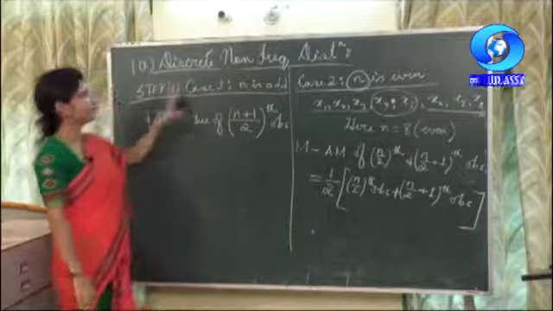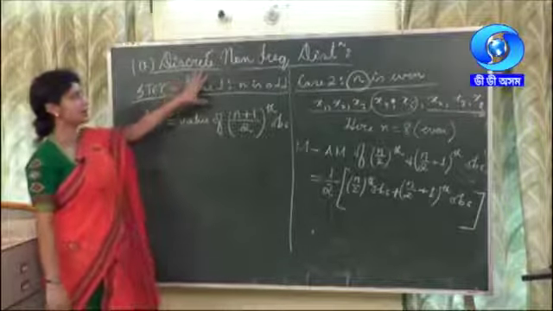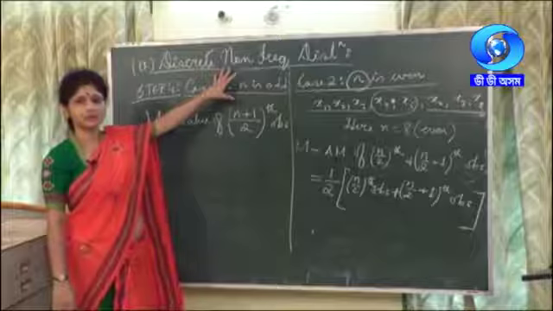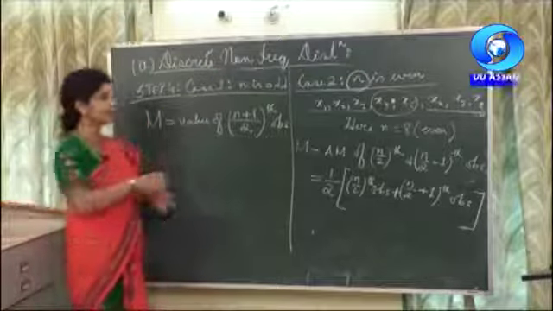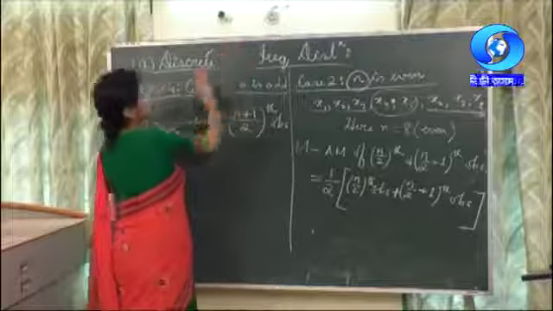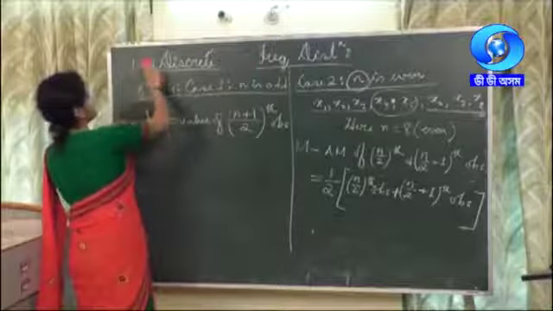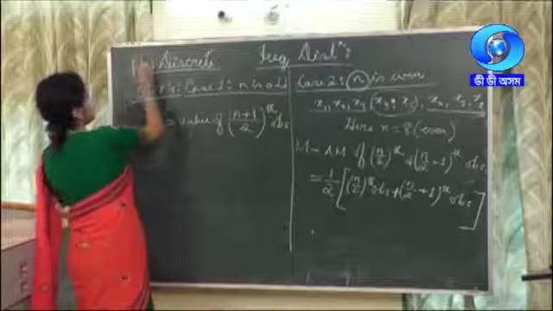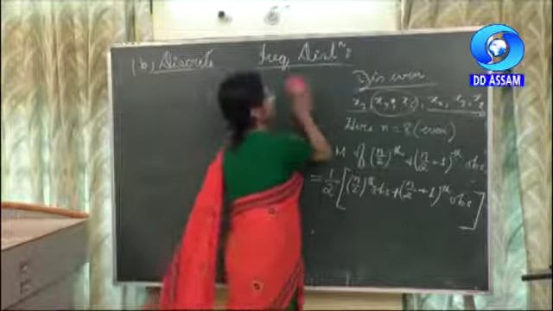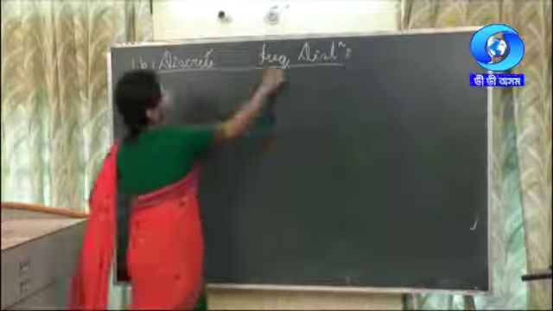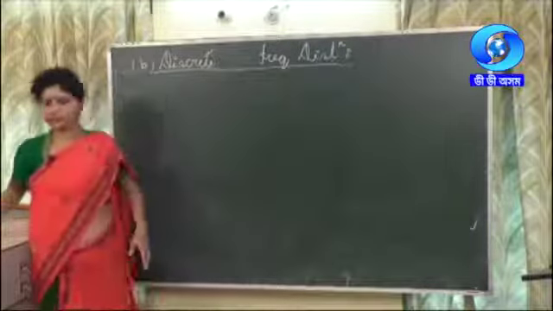This is all about finding the median in case of a non-frequency distribution. Next we go to a discrete frequency distribution, the second formula. How will we find the median in case of a discrete frequency distribution?